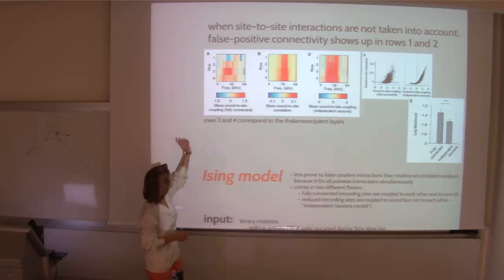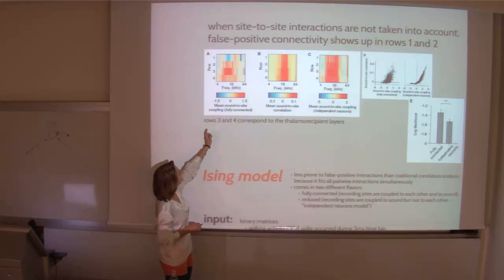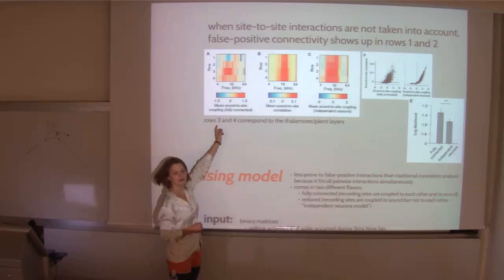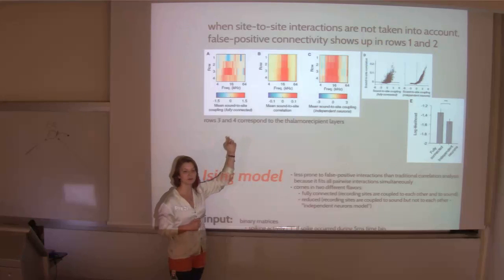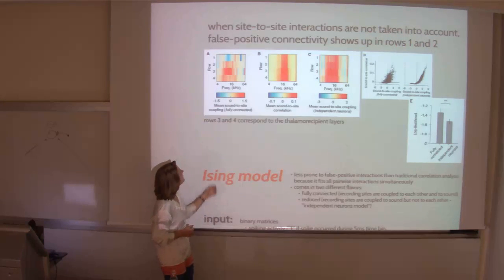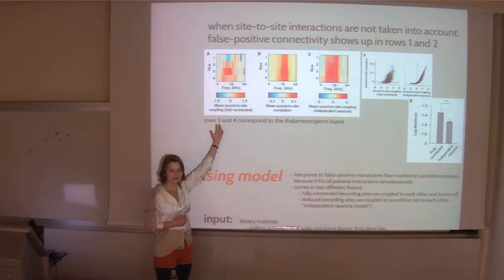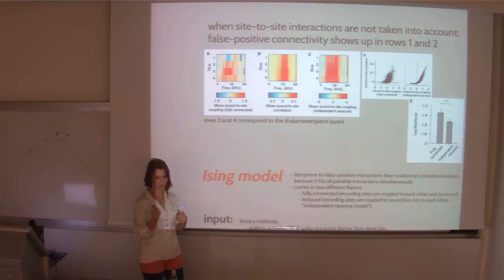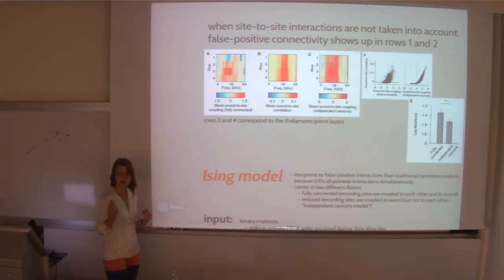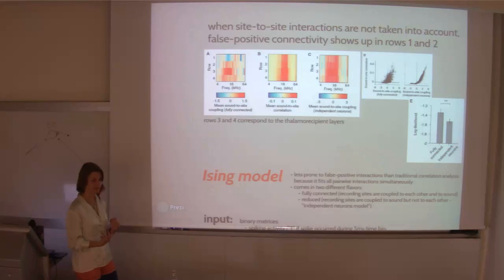And then what we see here is that using the fully connected model, we can indeed recover connectivity that is qualitatively different than what we would see in correlation analysis or using the reduced model, in the sense that in this picture, we see increased activity mainly in the bottom two layers, row 4 and row 3, which probably correspond to the thalamorecipient layers.